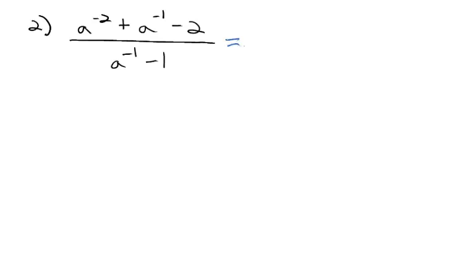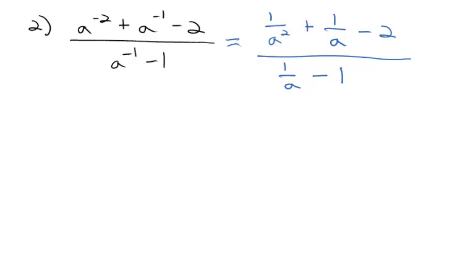We have to make little fractions. A to the negative 2 becomes 1 over a squared, plus a to the negative 1 becomes 1 over a, minus 2, all over a to the negative 1 becomes 1 over a, minus 1.